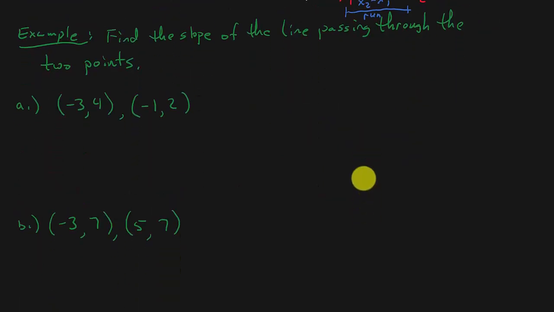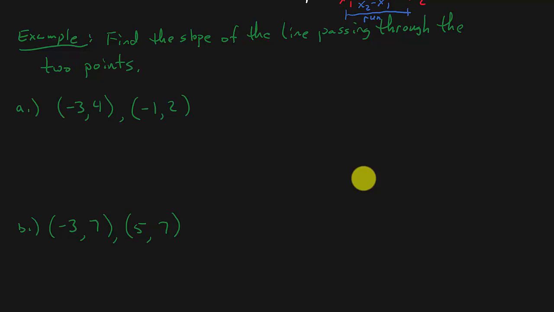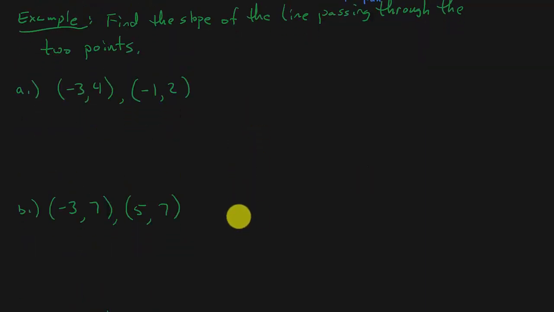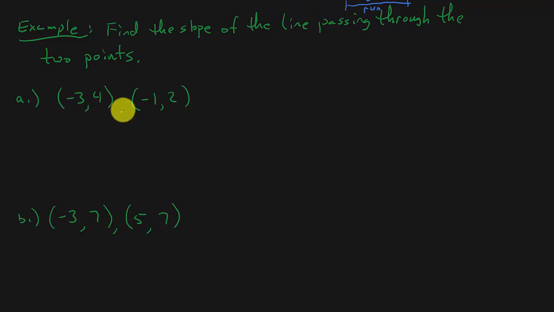Find the slope of the line passing through the 2 points. We've got 3 problems here. For the first one, I've got 2 points here, so I'm going to label this x1, y1, and x2, y2.